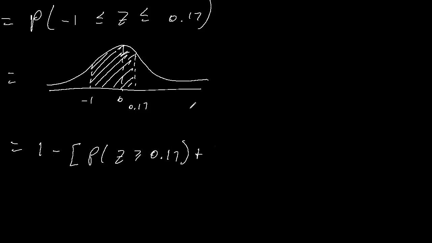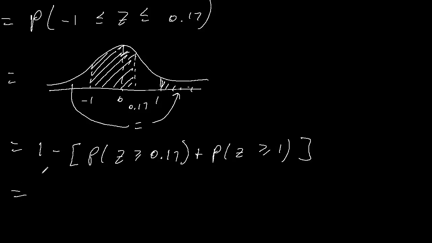We also subtract the probability of z greater than 1, because this area here, P of z less than negative 1, is exactly equal to this area here, P of z greater than 1, because it is symmetric.